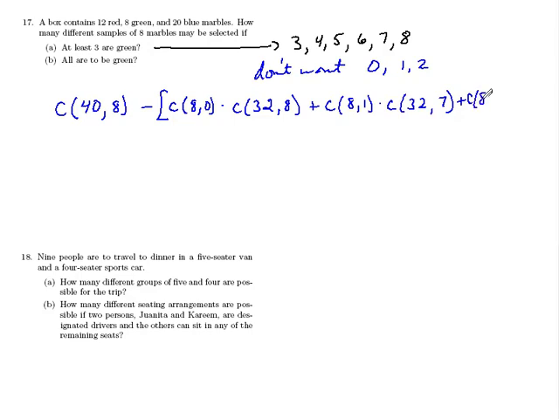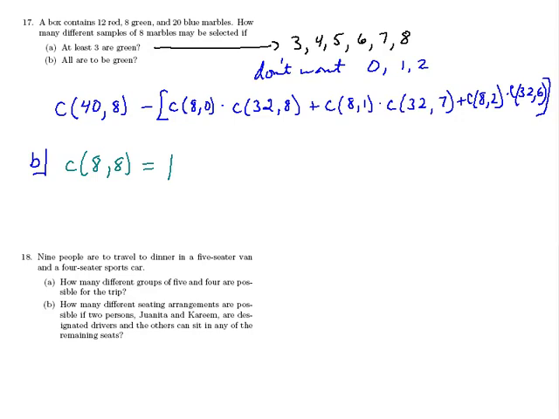Or 2 green. Part B says, well, how many ways can I get a sample 8 that all are to be green? Well, I have 8 green. I need 8 of them to select. And if you think about combination 8 choose 8 is 1.